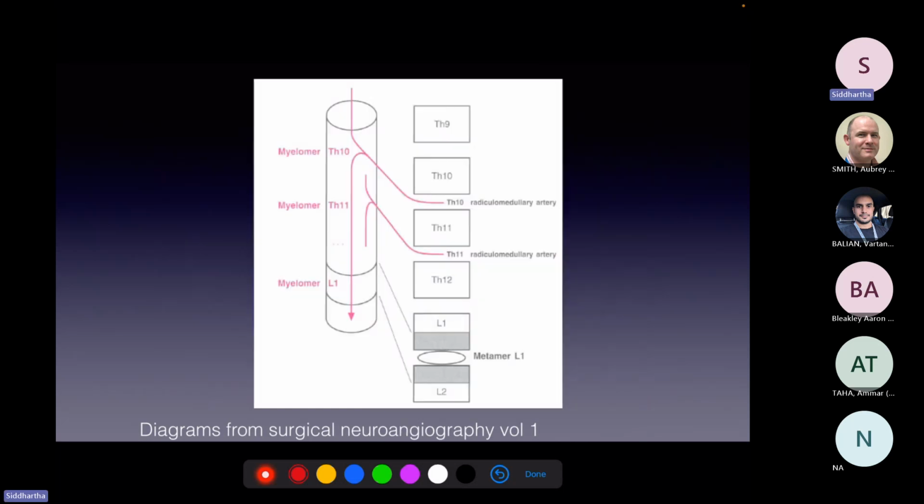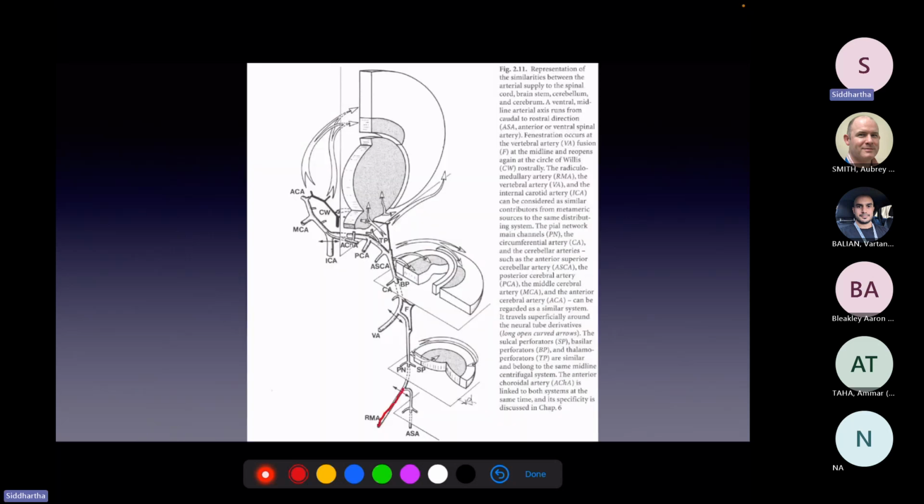So like I said, the brain is an extension of the spinal cord. So this is the radicular medullary artery. This is the vertebral artery. And then when you come to the craniovertebral junction, since we started becoming erect, we are looking forward now, so our head has turned 90 degrees because we have stood erect. So what that has done is, the ICA is the radicular medullary artery.